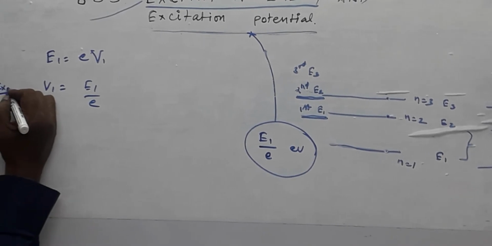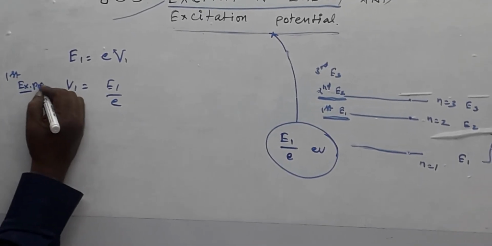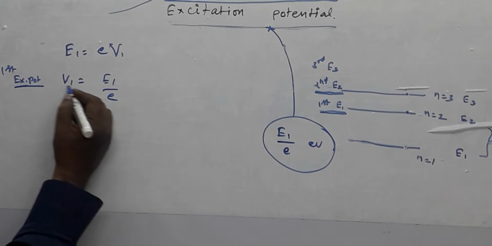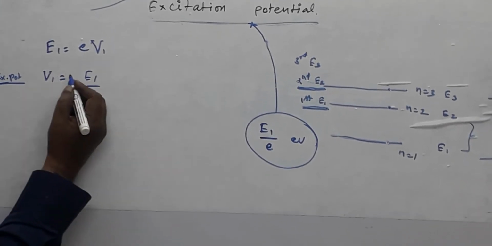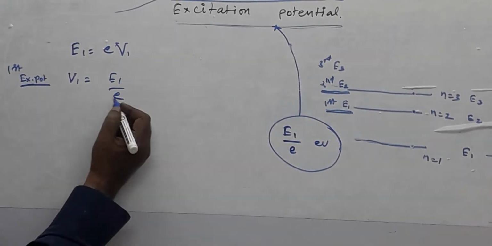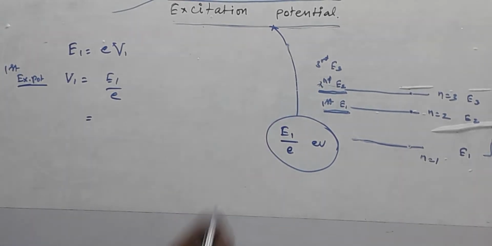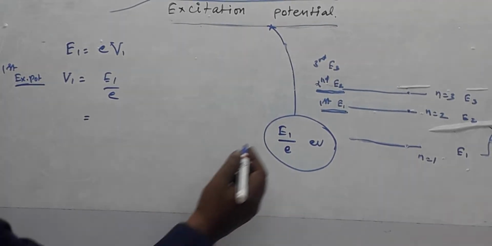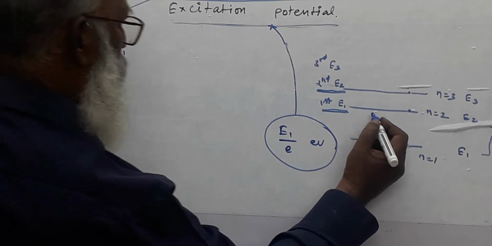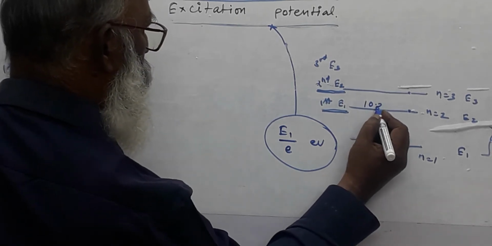First excitation potential, capital V1, equals E1 by e. We already derived that the first excitation energy is 10.2 electron volt.